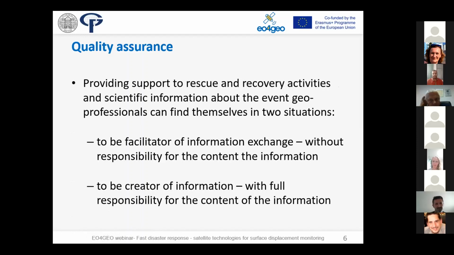According to presentations which have been given, we have in fact two situations. We can provide support to rescue and recovery activities and, in general, to the overall population in two manners.